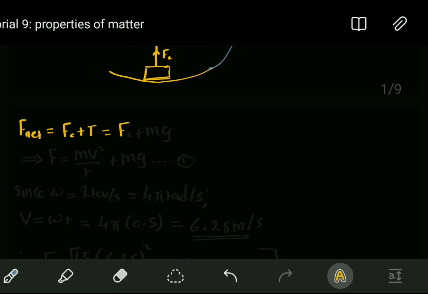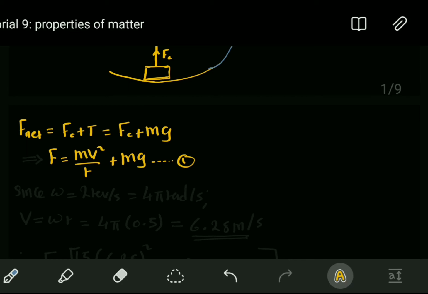We know that the centripetal force is given as mv squared over r. Therefore our net force F is mv squared over r plus mg. We take this as our equation 1.